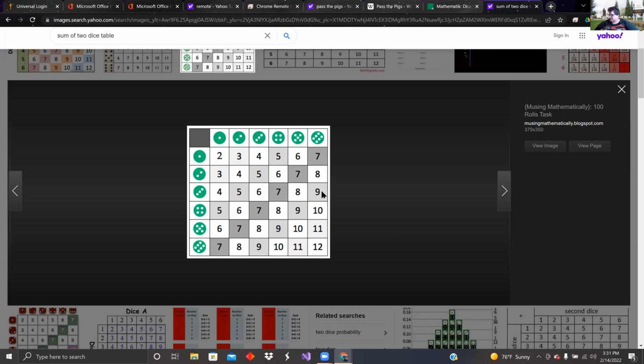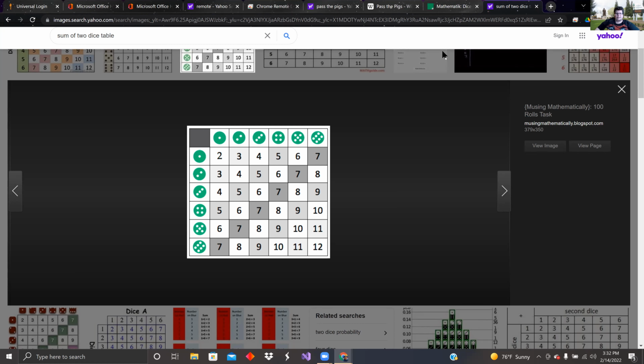So I'm going to write them all down. The second row has got, if I roll a 2 and a 6, the third row is a 3 and a 5. The fourth row is 2 4s. The fifth row, I've got a 5 and a 3, which is different than the 3 and the 5. If we had a red die and a blue die, it just depends on which one has the 3 and which one has the 5. They are different outcomes. And the same thing on row 6, the 6 and the 2.